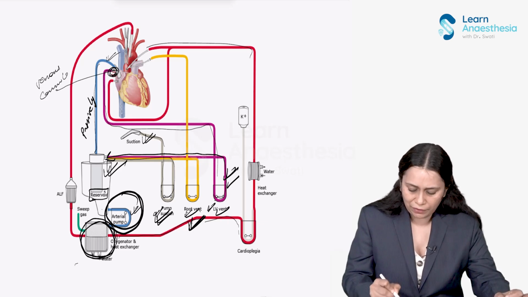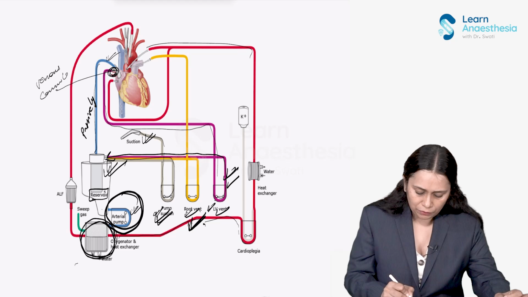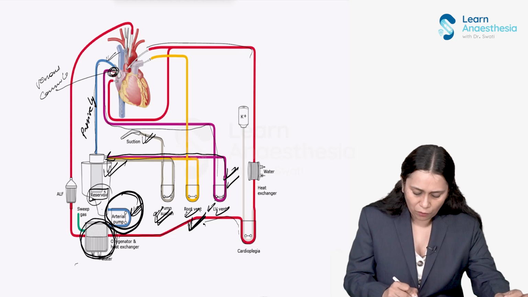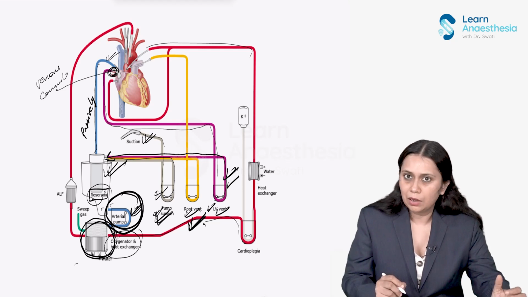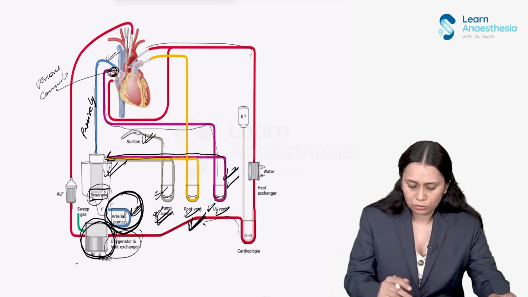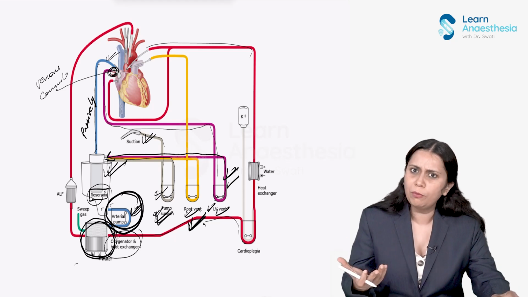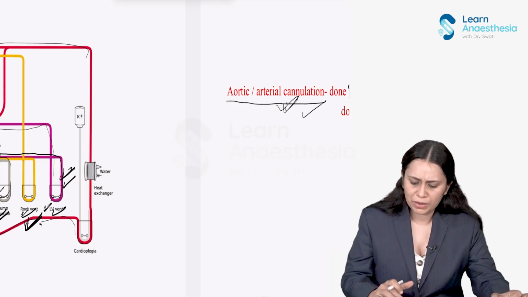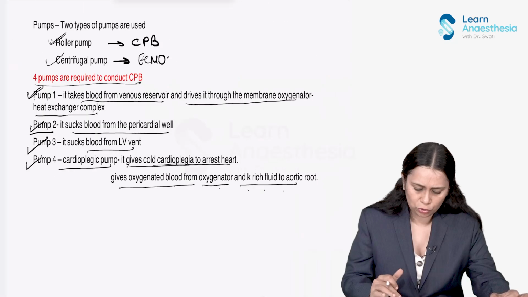So we have the LV vent pump, we have the main pump which takes the blood from the reservoir and makes it reach the oxygenator, and we have the pericardial well suction pump. So these are the different important pumps. There could be more pumps also, but 4 pumps is the minimum which is required.